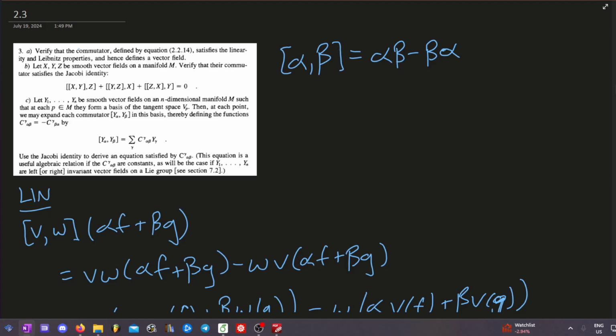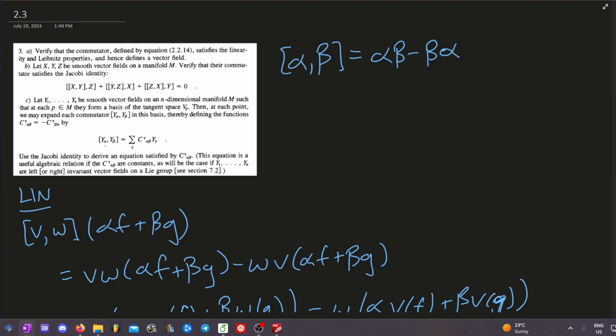Okay, now on to part C. So part C says let y1 to yn be smooth vector fields on an n-dimensional manifold M such that at each point P belonging to that manifold they form a basis of the tangent space Vp, and then at each point we may expand each commutator y alpha, y beta in this basis, thereby defining the functions C, which have this symmetry, and these functions C are defined in this way.